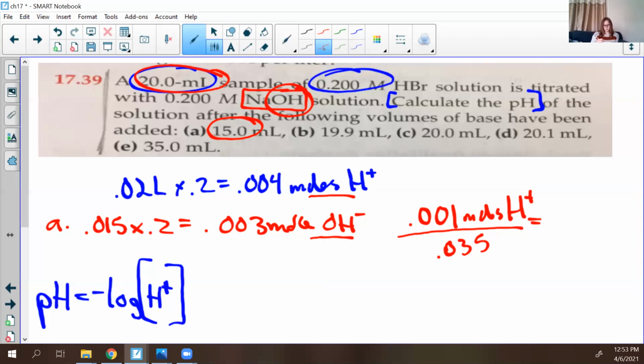That came from subtracting the moles of H plus I was given minus the moles of OH, because the smaller value will react with the larger value to make water, and it will leave whatever's in excess, H plus or OH minus.